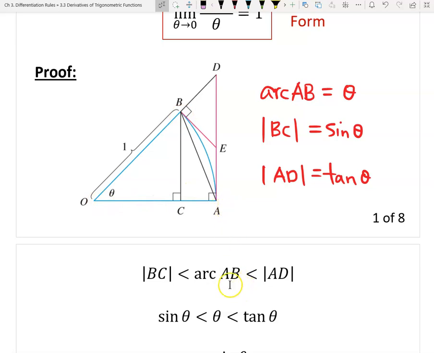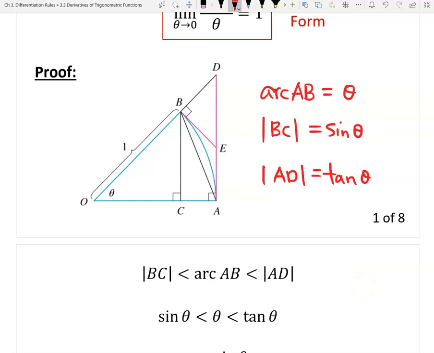Second, arc AB is less than AD. That looks obvious. If we want to really prove it: arc AB is less than AE plus BE, and BE is less than DE. Therefore, arc AB is less than AD. That does make sense. So from the geometry, from this graph, we definitely have these results.